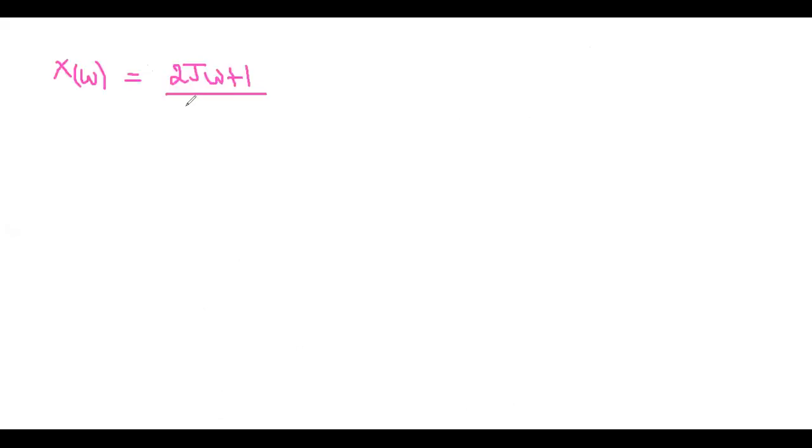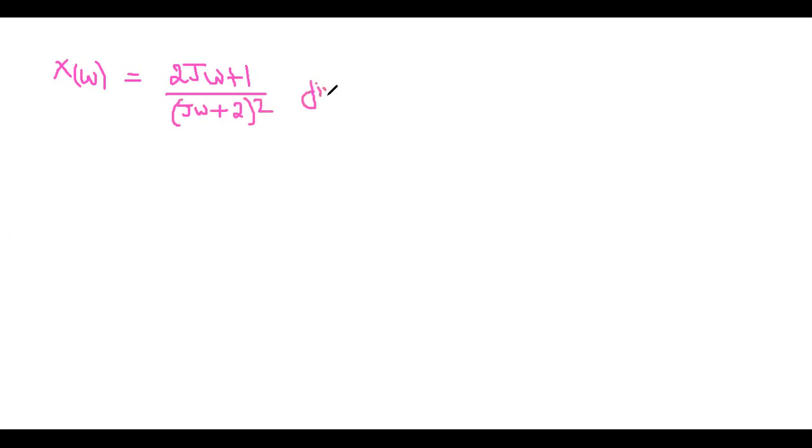The example is given: x of omega is equal to 2j omega plus 1 by j omega plus 2 whole square.